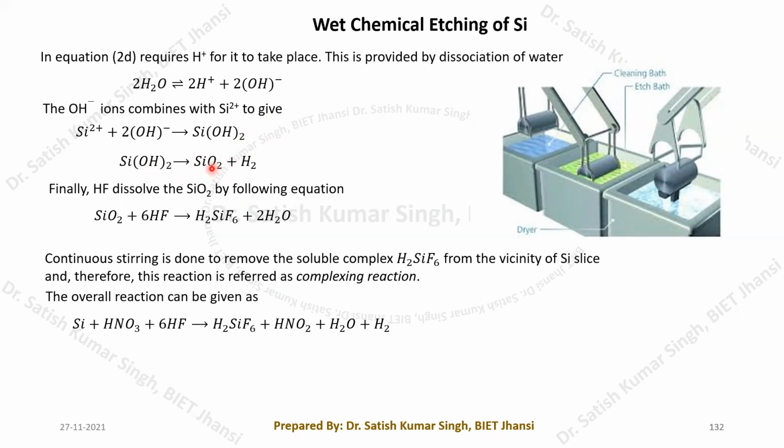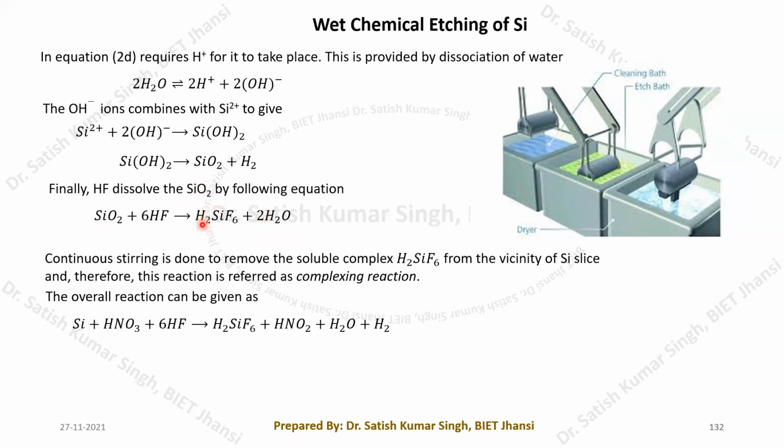And then this SiO2 layer formed over the surface can be dissolved in hydrofluoric acid. So HF will dissolve this SiO2 layer with this particular reaction. SiO2 with hydrofluoric acid gives this product, which we can remove easily.